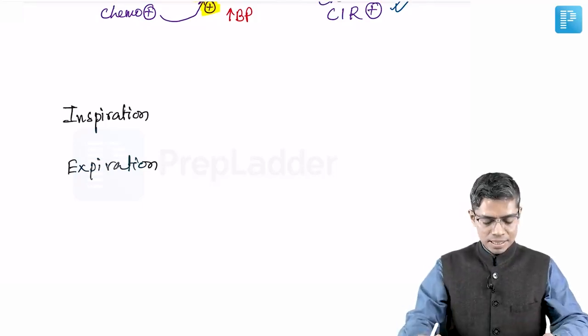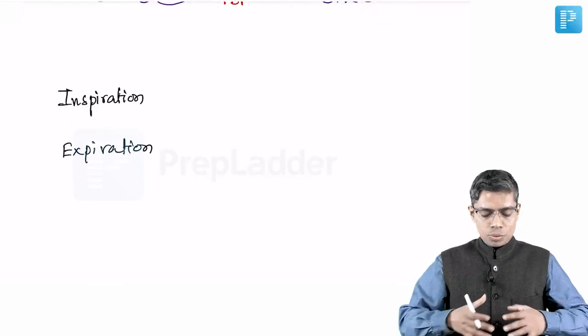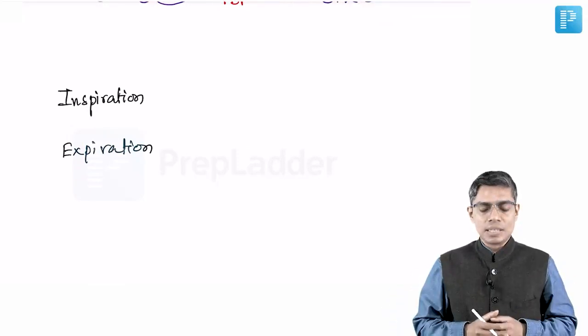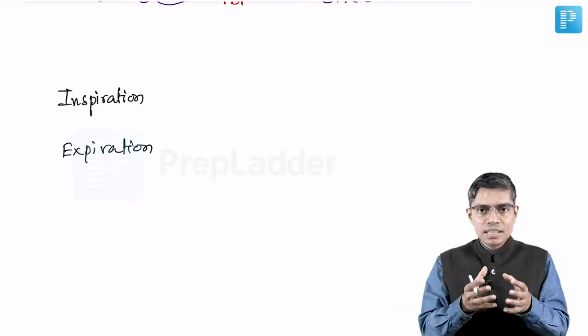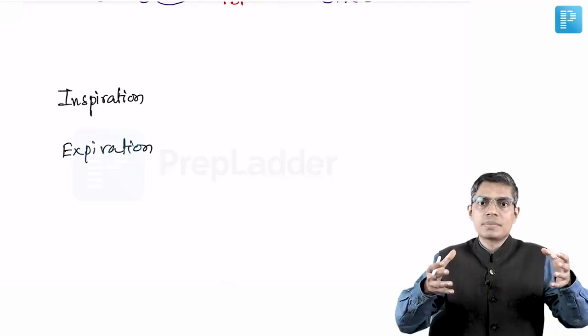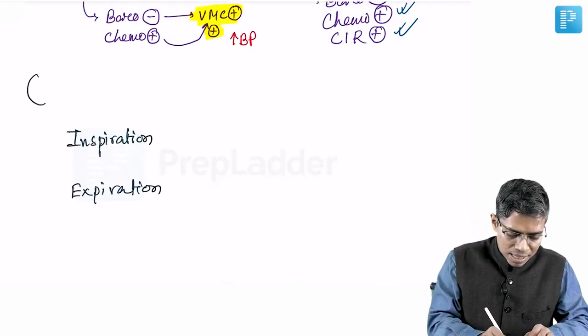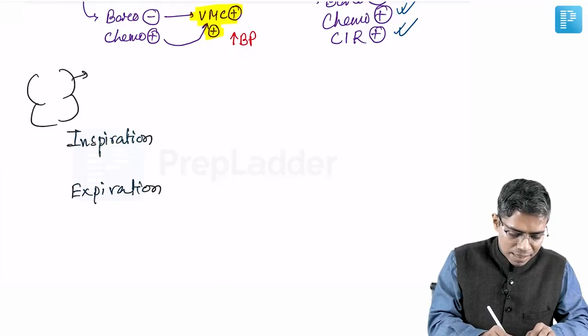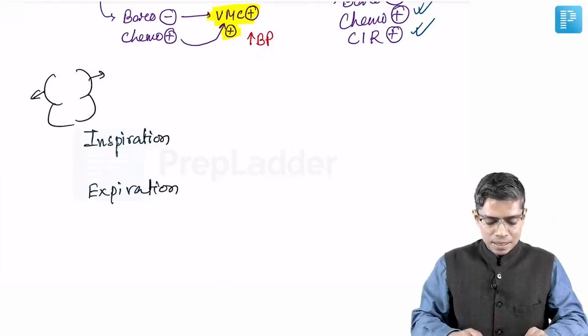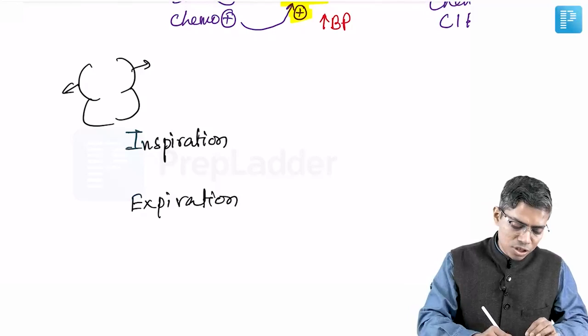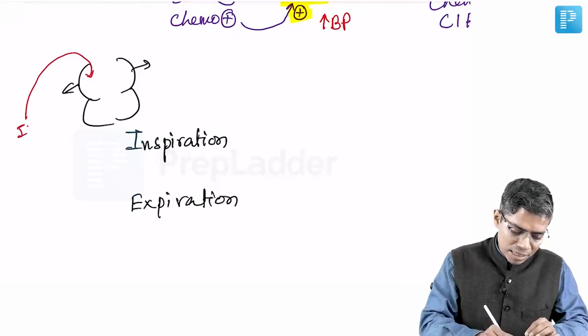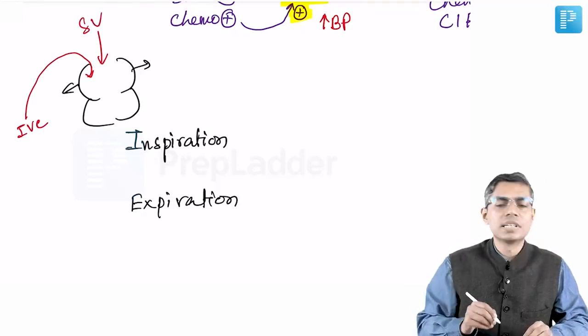You are taking inspiration like this, so what is happening? Your thoracic cavity is expanding. Inside the thoracic cavity, the heart is there. The heart is also expanding. So I can understand that the right atrium is expanding during inspiration. If the right atrium is expanding, it will suck more blood from the inferior vena cava and superior vena cava.